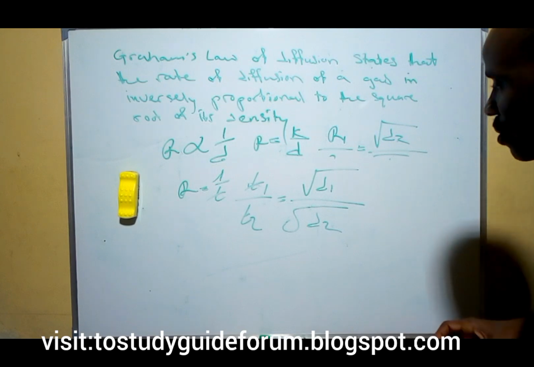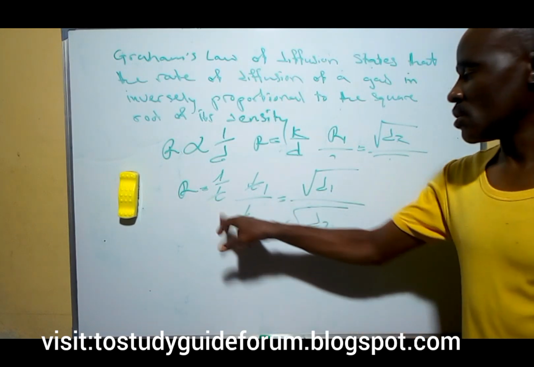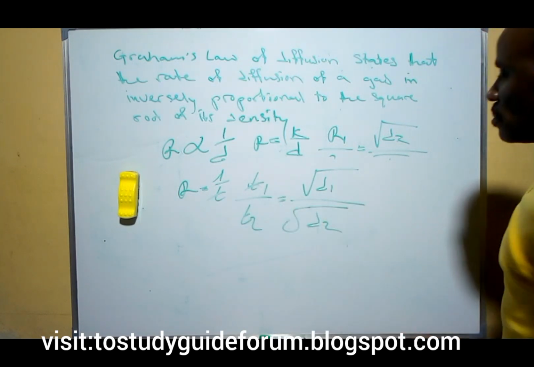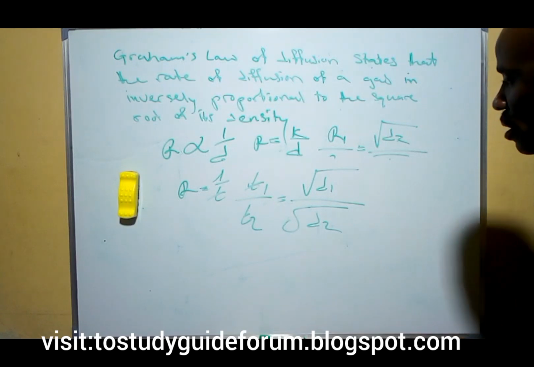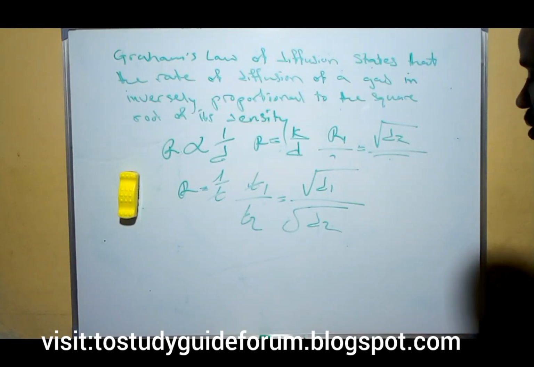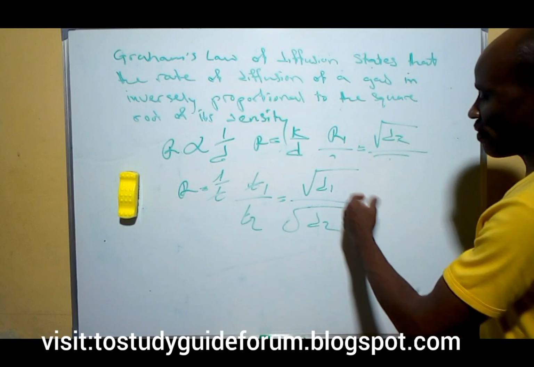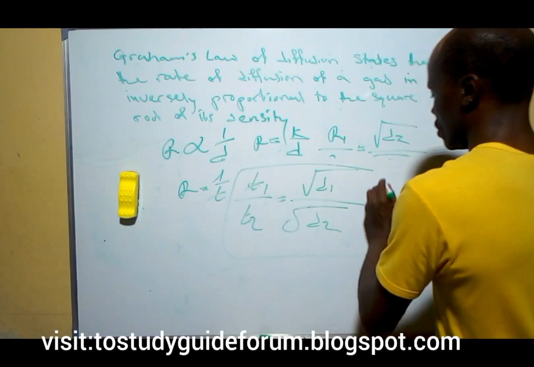Now note it very well, because rate is inverse, that simply means that time is directly proportional to vapor density. So in that case, now we have a relationship in this form.